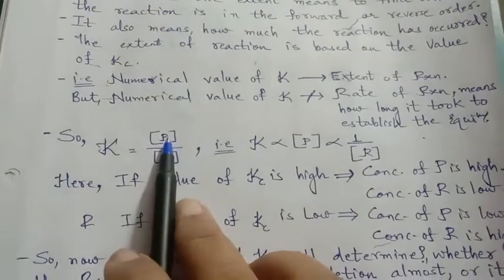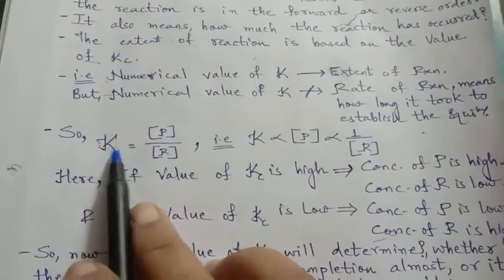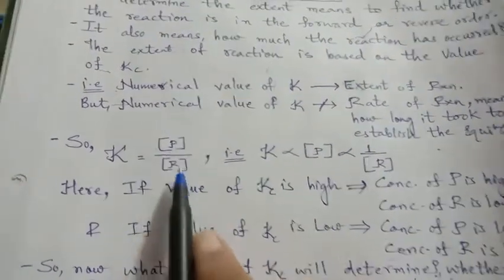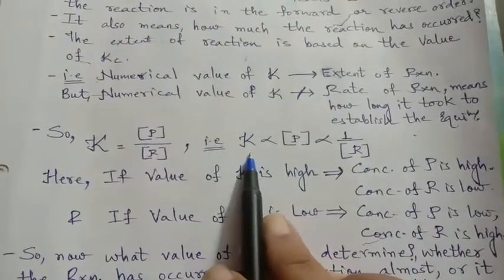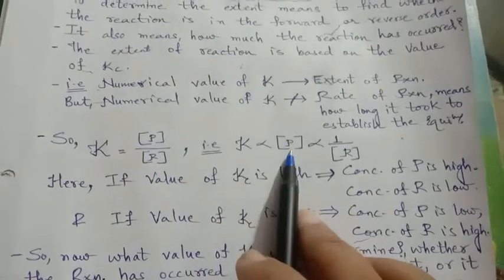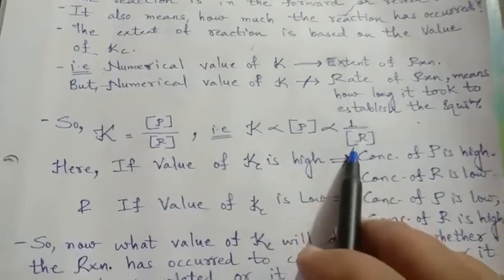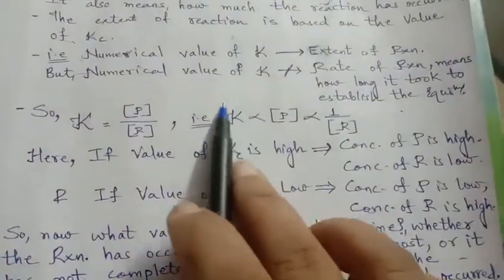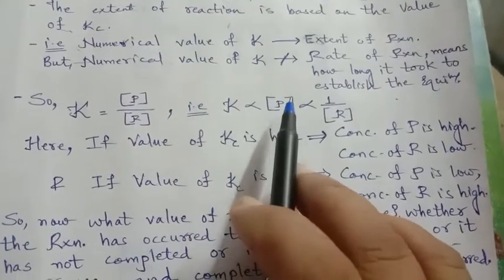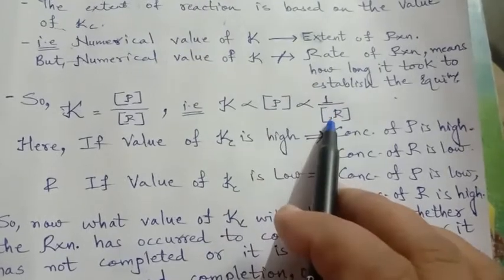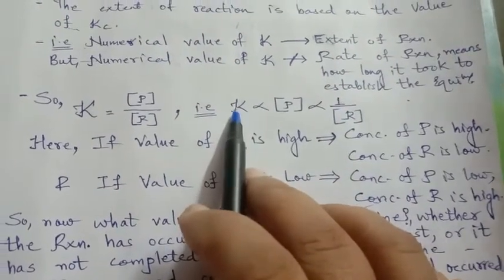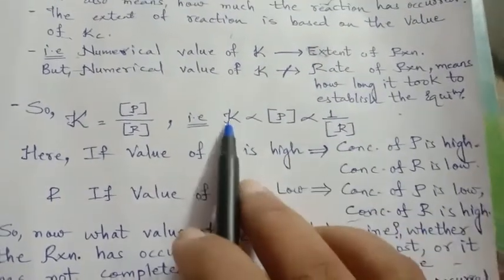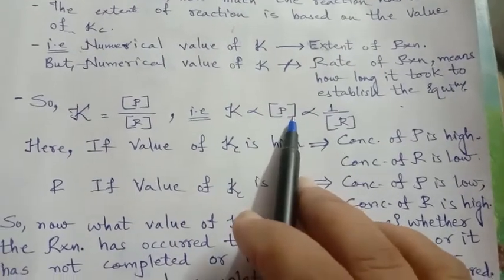K is directly proportional to concentration of product and K is inversely proportional to the concentration of reactant, because product is in the numerator and reactant is in the denominator. So if K is high, the concentration of product is high, but R is inverse, that means if K is high, R is low, and if K is low, R is high and product is low.